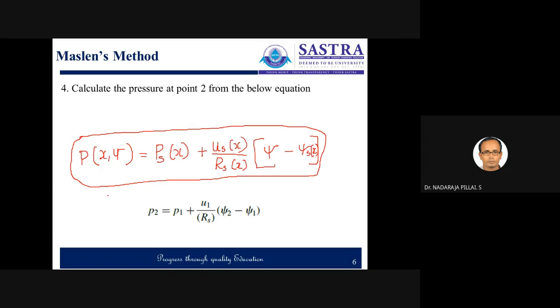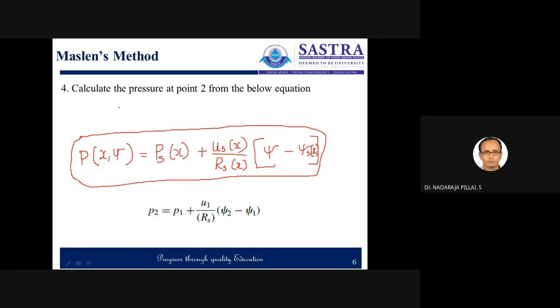So based on thin shock layer theory, now we can calculate the pressure at point 2, P2, which is equal to P1 plus U1 by RS, into psi 2 minus psi 1, right?